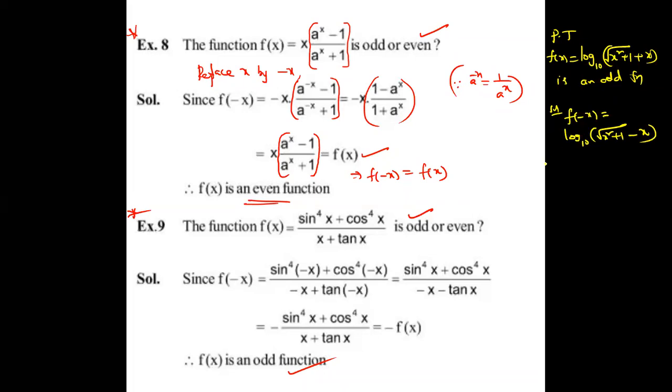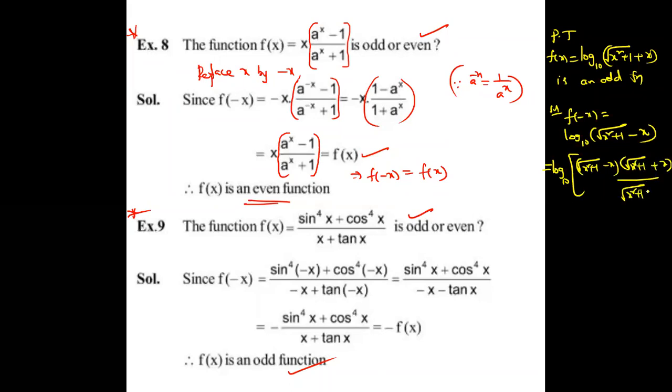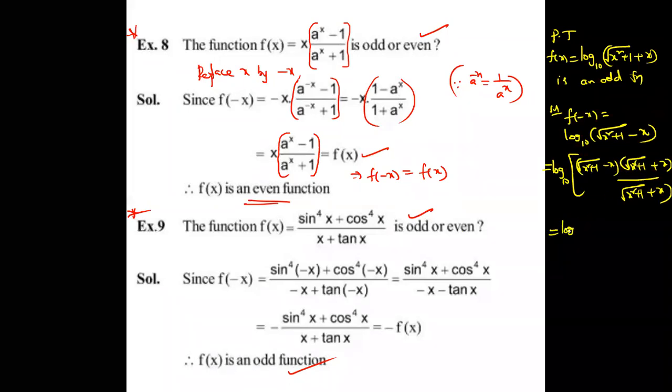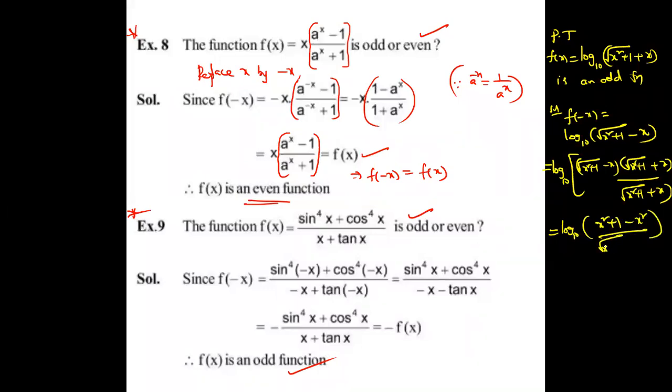Is it clear? So what I'm doing here is rationalizing. Conjugate surds, a minus b into a plus b. That is x square plus 1 minus x square by root over x square plus 1 plus x.